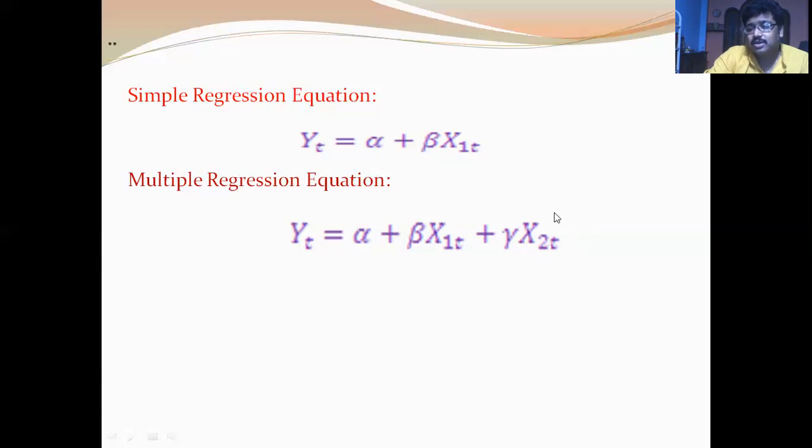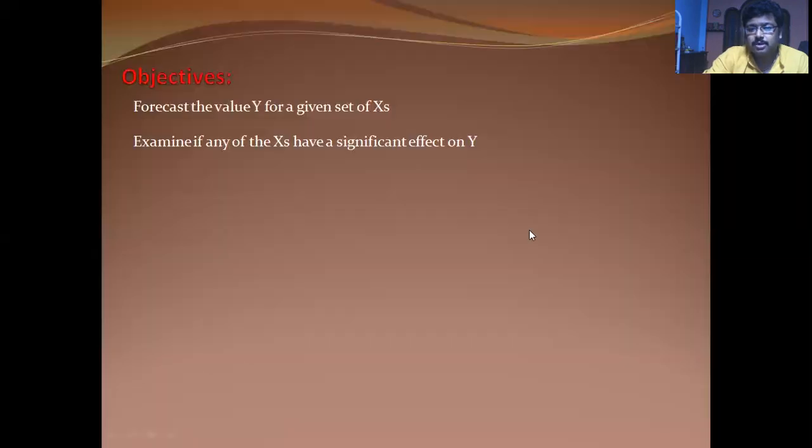A family always has a financial asset. So financial assets do have some effect on the dependent variable consumption expenditure. So this is a multiple regression equation. Okay. This is a practical example of multiple regression equation.